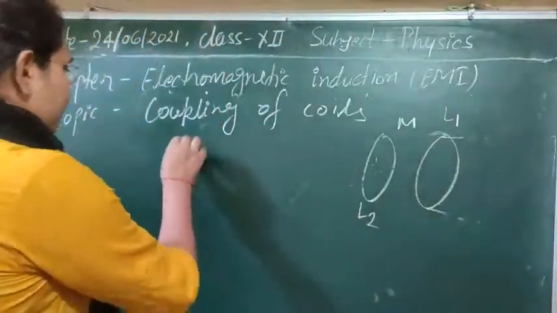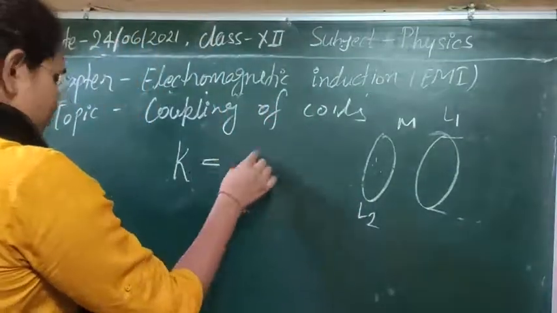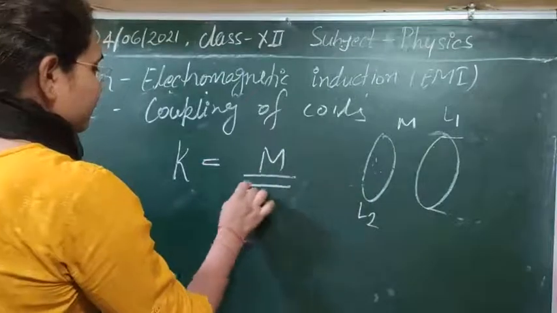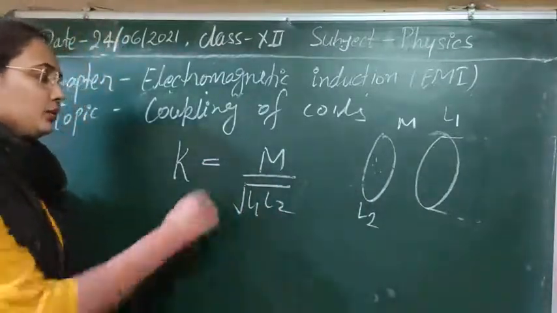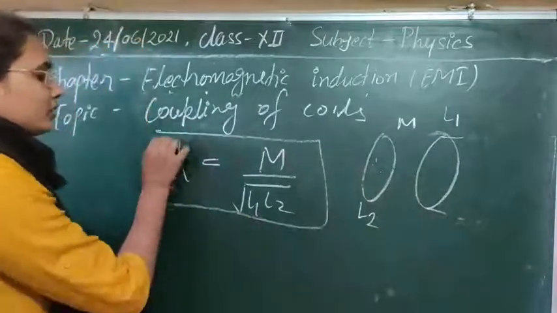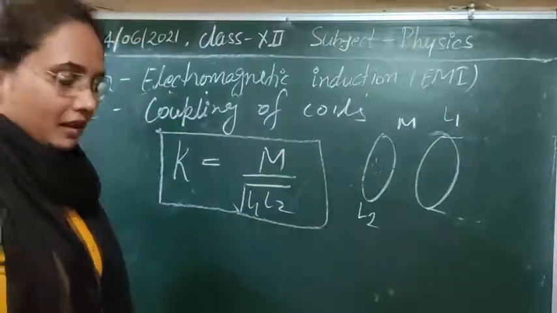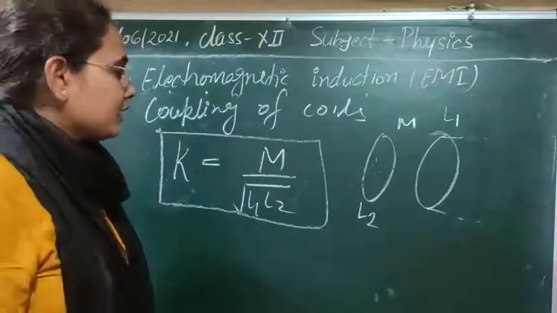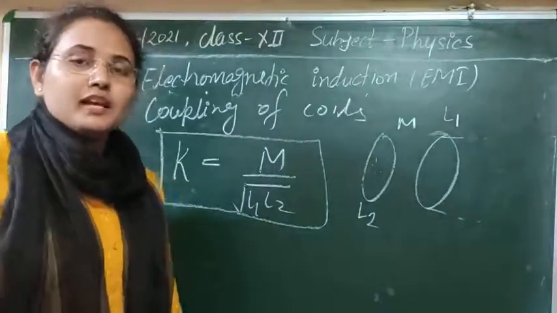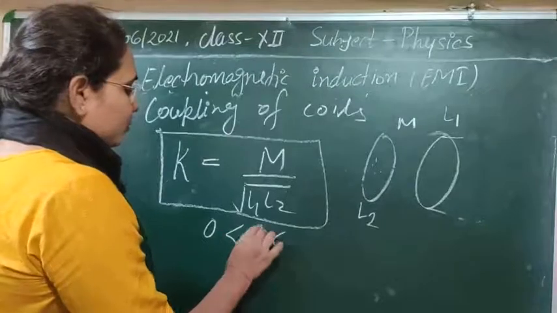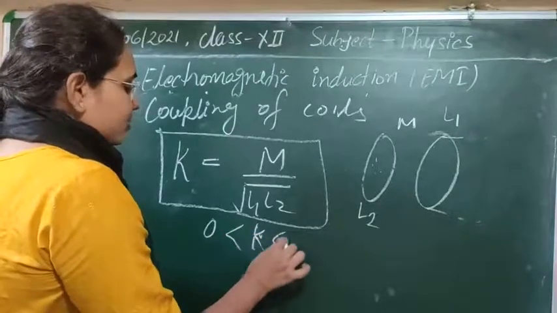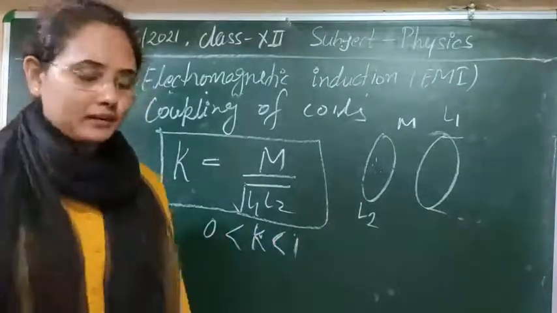The coefficient of coupling is given by the formula K is equal to M upon root L1 L2. This is the formula for the coefficient of coupling. Its value is between 0 and 1.